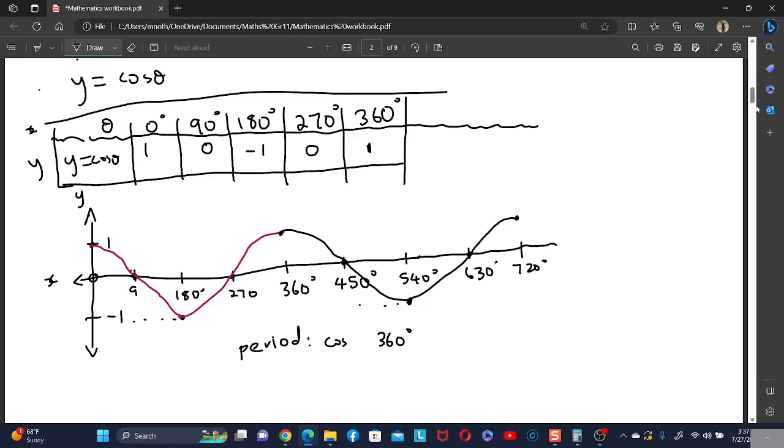So this means that actually the shape of the cos function is like this. Then this one is the shape of the sine function.